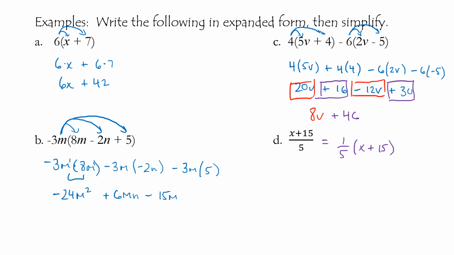So that's how you can write it using the distributive property. So this is now factored form. Now when I multiply 1/5 times x, I get 1/5 x, and 1/5 times 15, I get 3. So 1/5 times x plus 15 is 1/5 x plus 3.